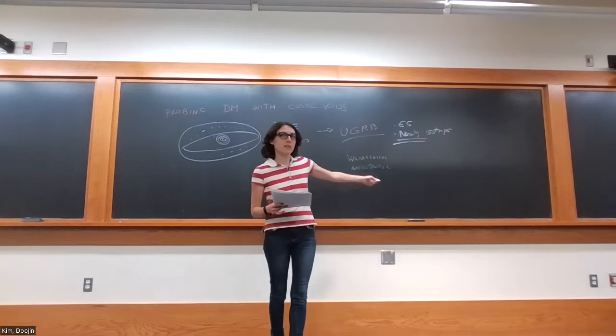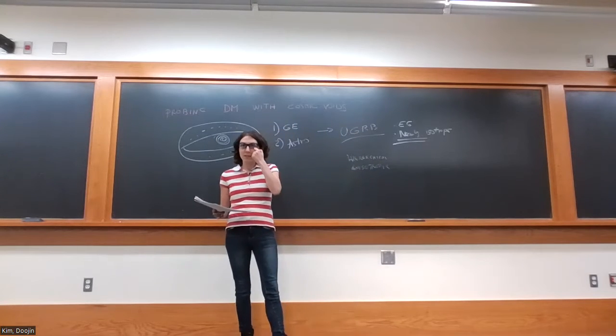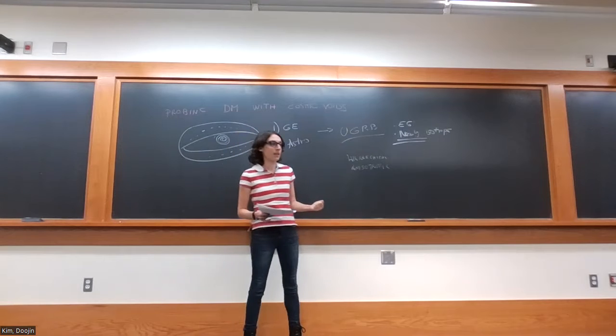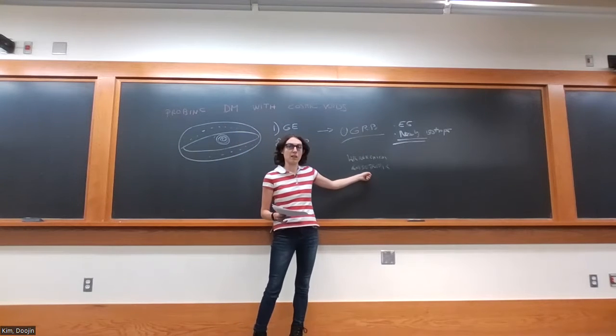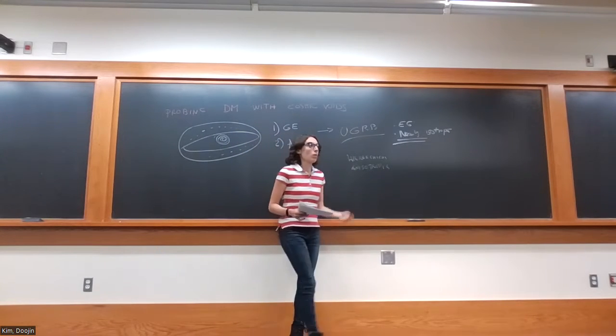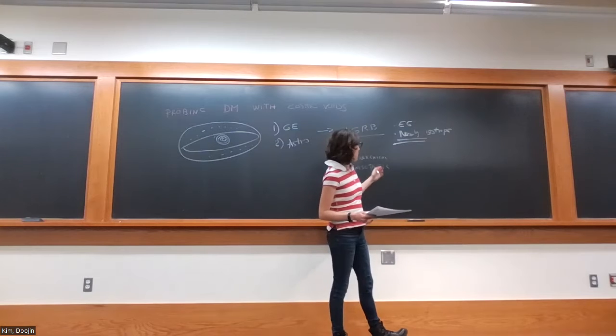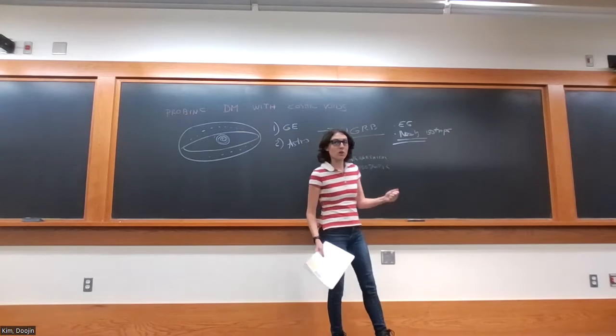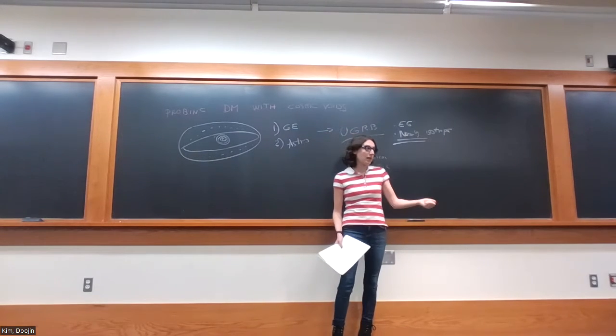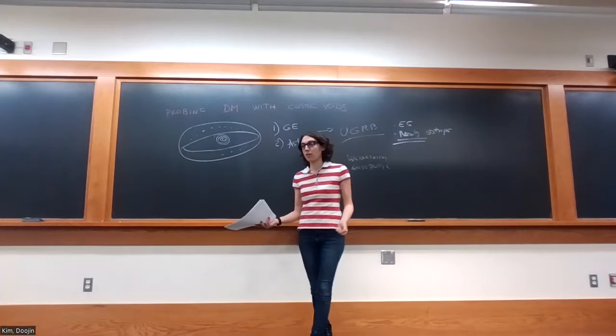Therefore, we expect that the electromagnetic signals indirectly produced by dark matter would also show a certain degree of anisotropy. So we want to understand if there is a correlation between the anisotropies that we observe in the gamma ray sky and the anisotropy that we expect from dark matter.